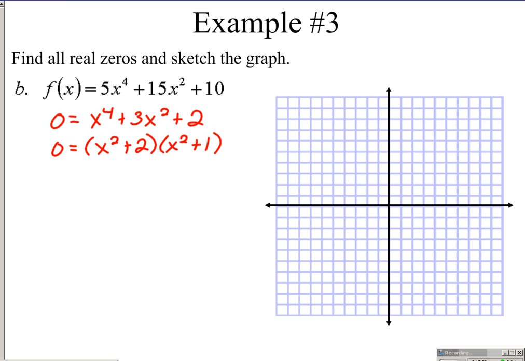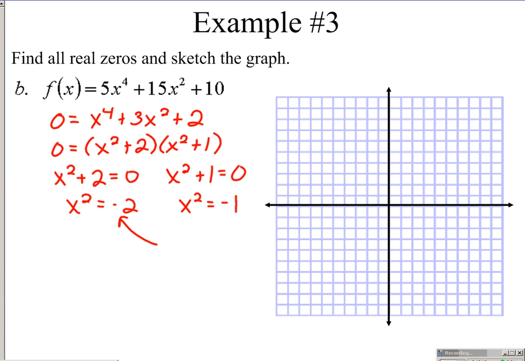Set each of those factors equal to 0. And solve. First one is not going to be real. Second one is not going to be real. So none of these solutions are real solutions.